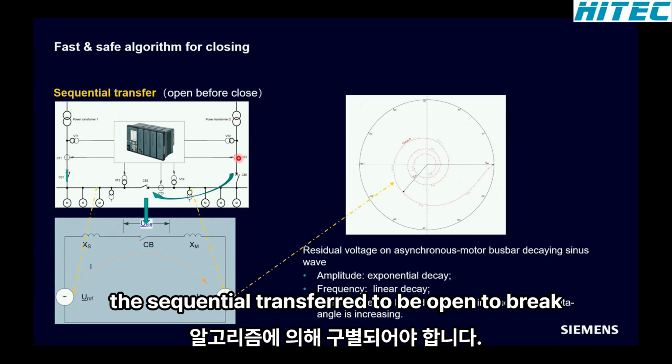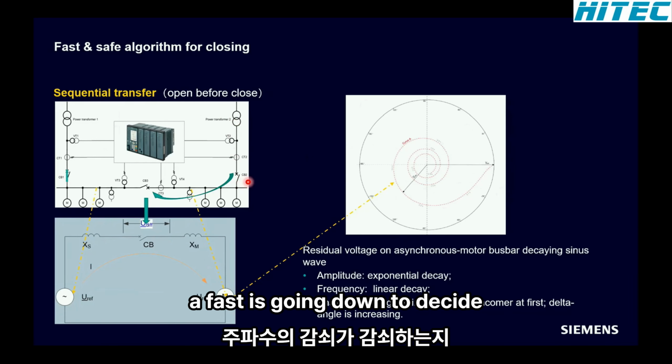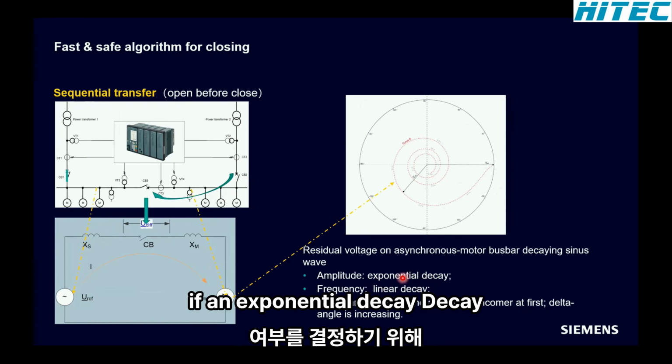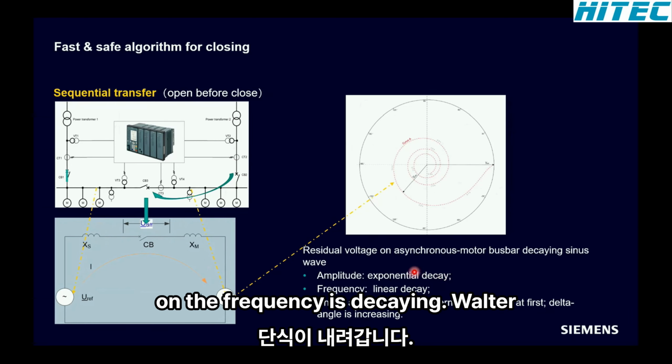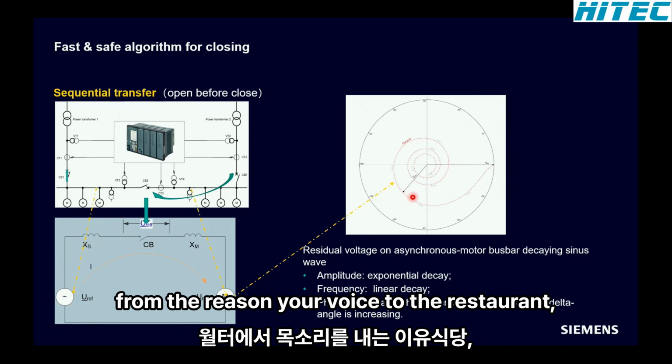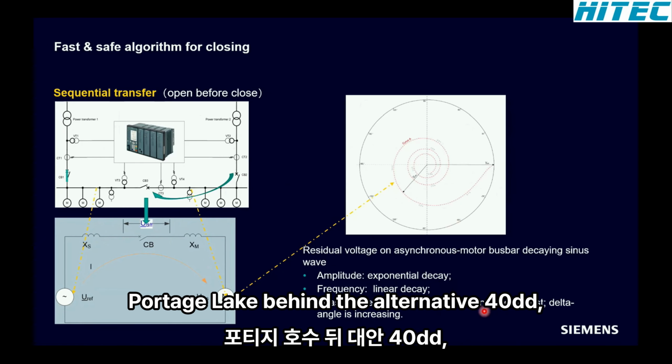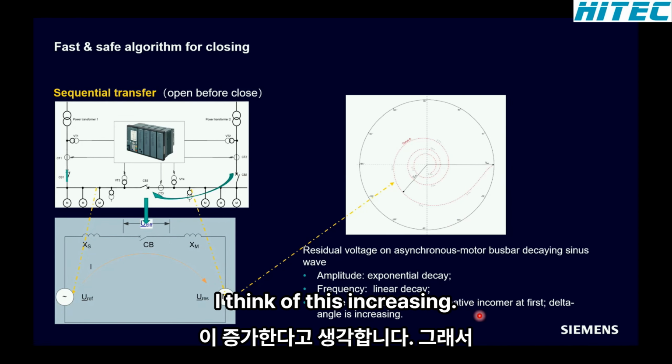That means we open the breaker first, then the voltage is going down. The amplitude has an exponential decay, the frequency is decaying linearly, and the phase angle of the residual voltage lags behind the reference voltage, and the delta angle is increasing.